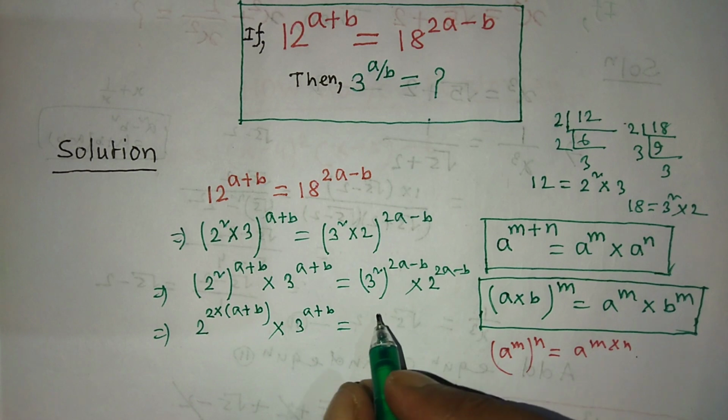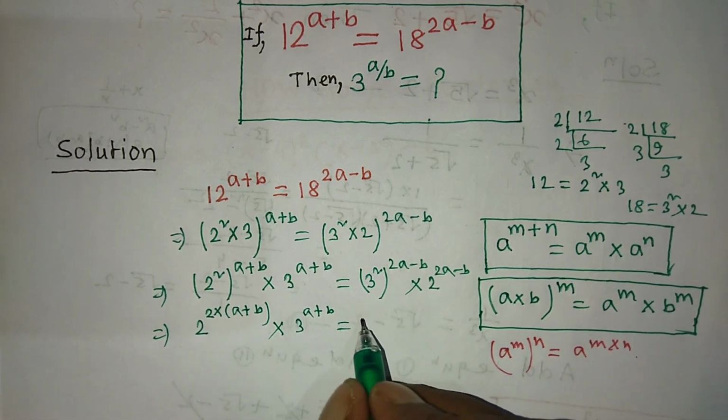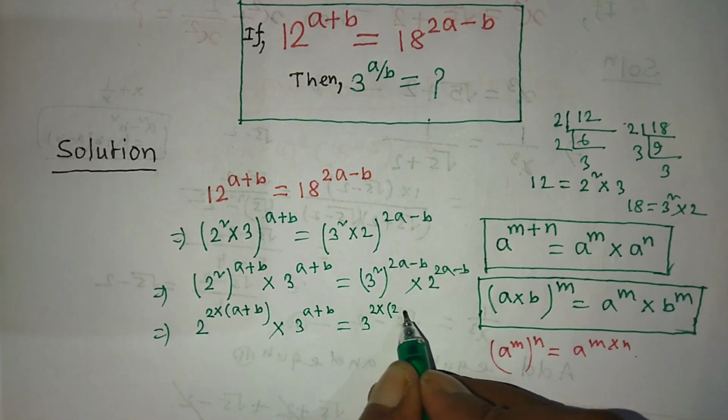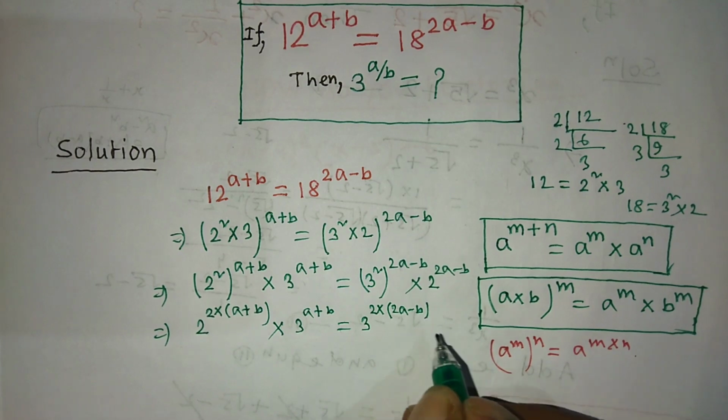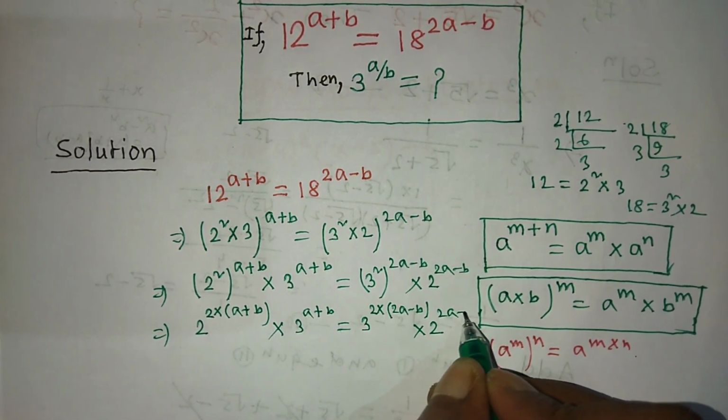On the right hand side we apply this formula, so we write 3 to the power 2 into 2a minus b, into, again 2 to the power 2a minus b.